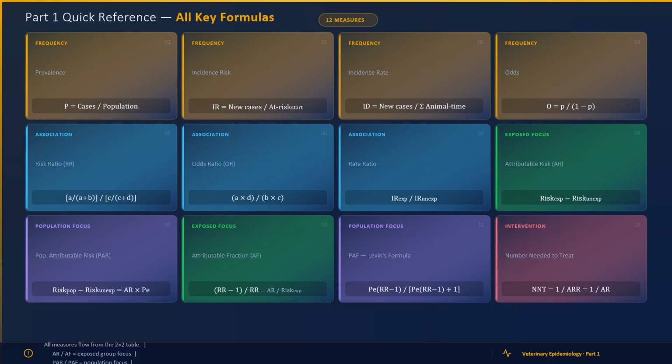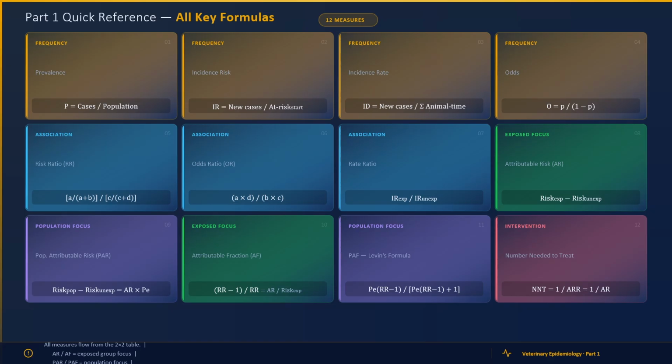Attribution, 8 through 11. Attributable risk is risk in the exposed minus risk in the unexposed. Population attributable risk is population risk minus the unexposed risk, which equals AR times PE. Attributable fraction is risk ratio minus 1 over risk ratio, equivalently AR over risk in the exposed.